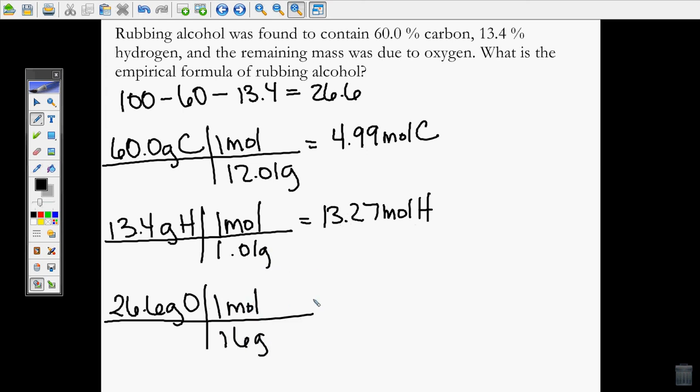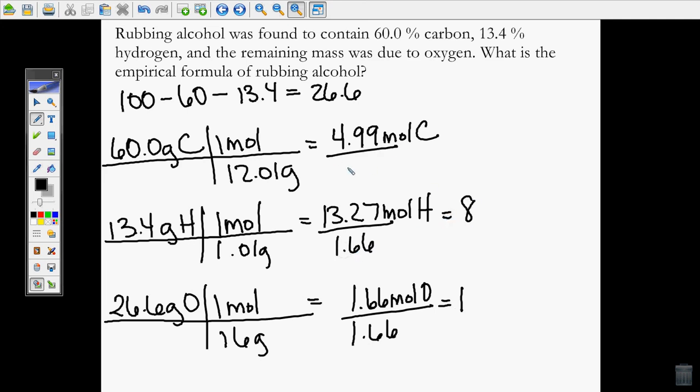Oops, I get 1.66 moles. Okay, so then I'm going to divide each of these by the smallest to get my molar ratio. So this is going to be about 1.66. This is 8. And this is 3. So my empirical formula is C3H8O.